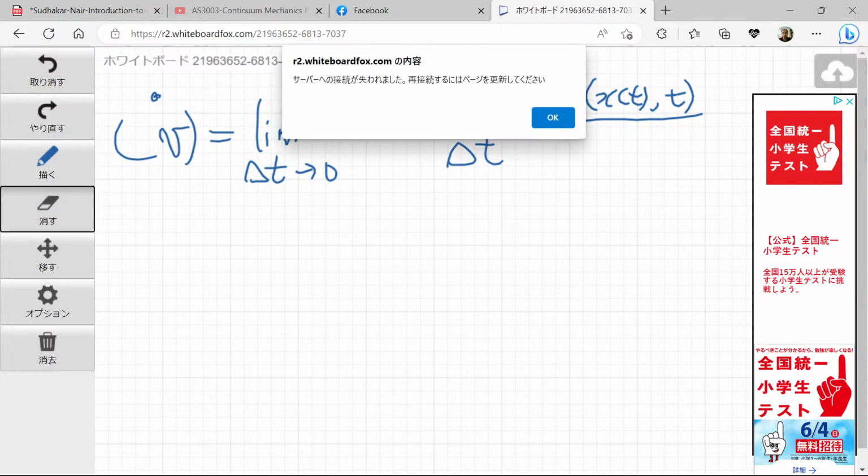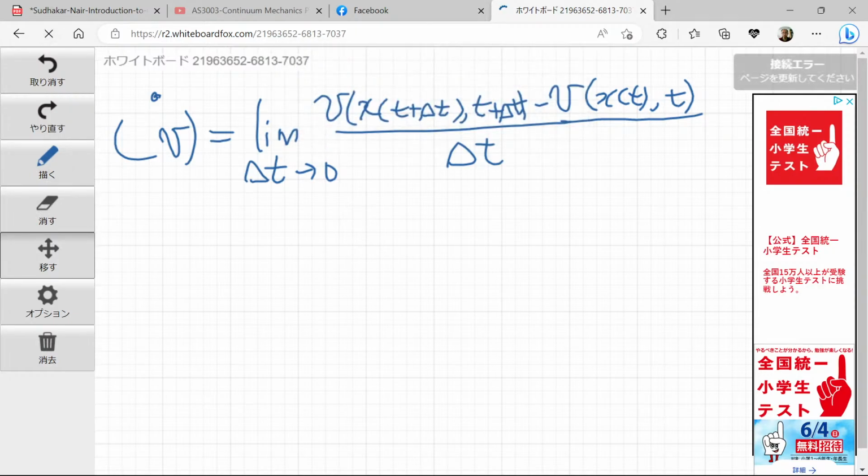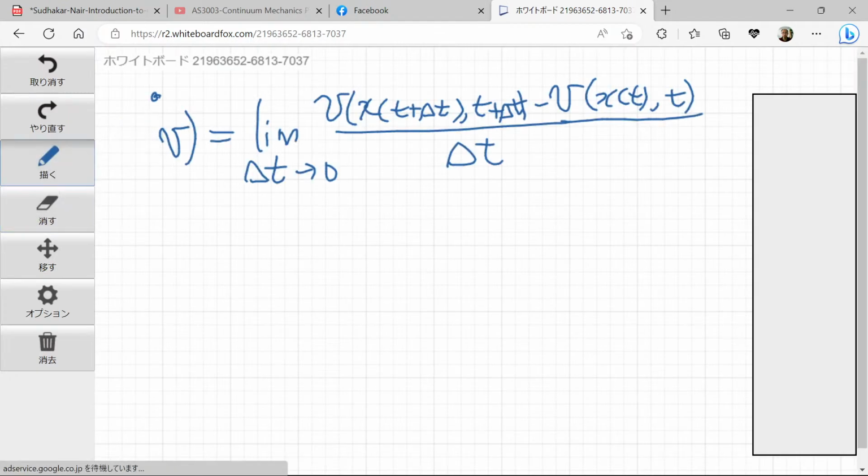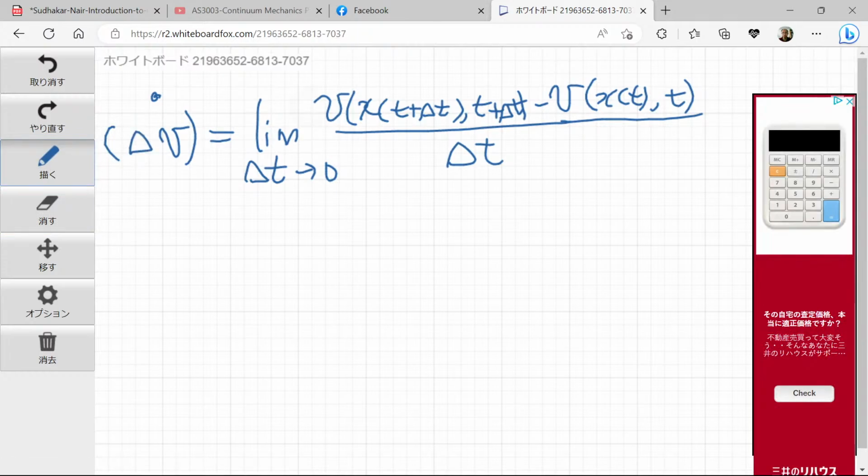Let's make d to delta v. Let me just keep d.